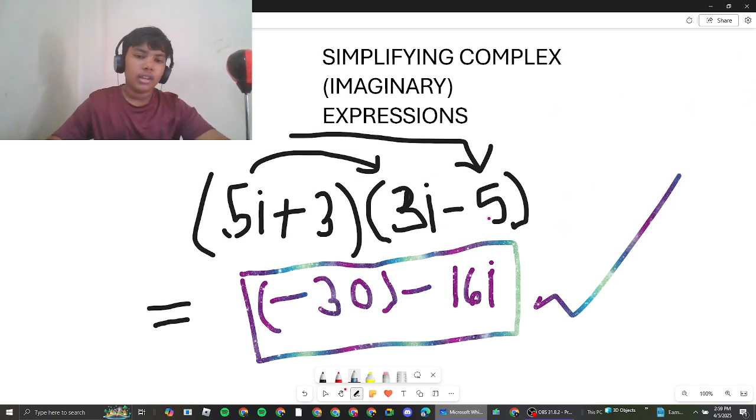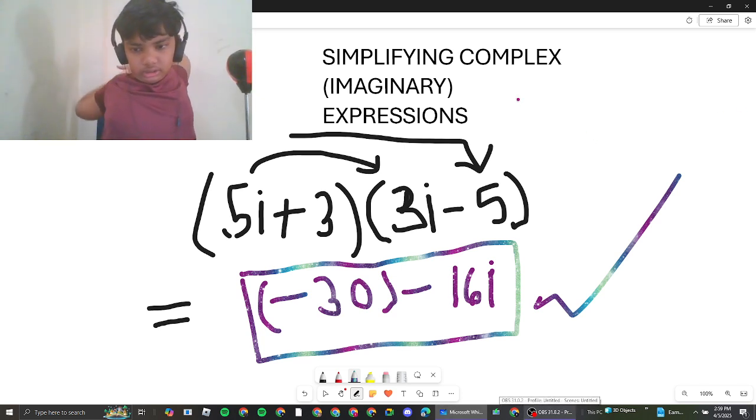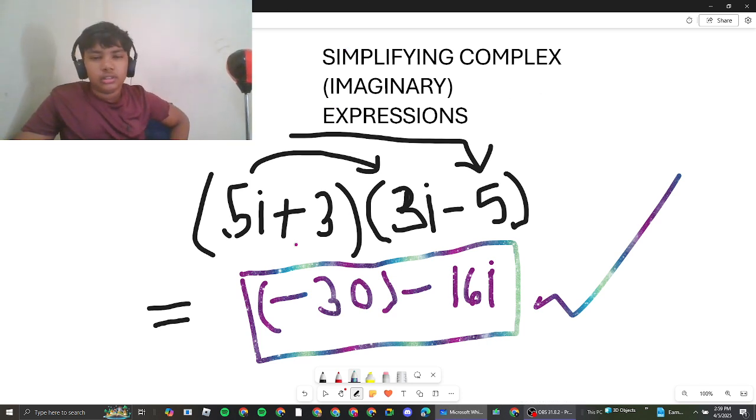And okay, we can double check to see if it's correct. Alright, that's the solution. And we can divide also, but division would take a lot of time.